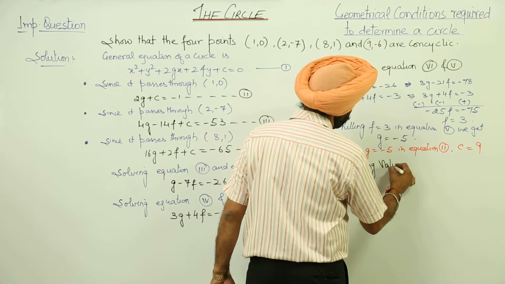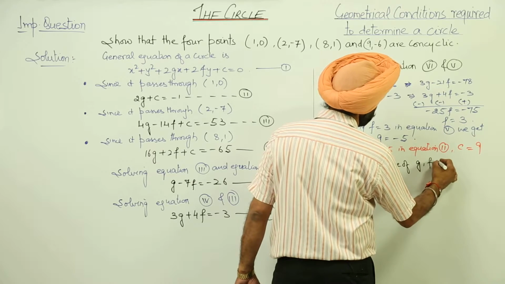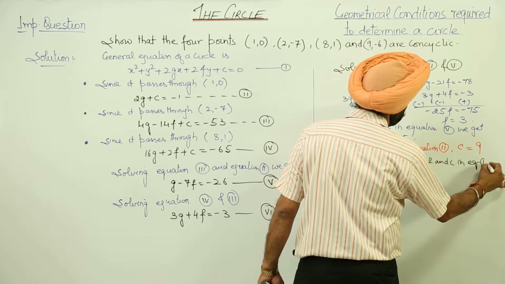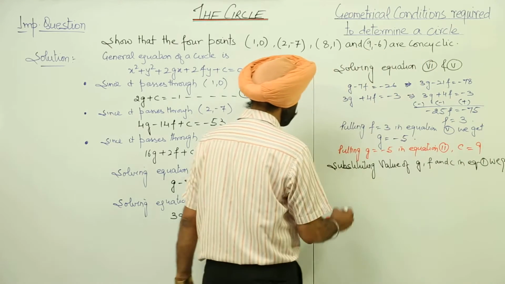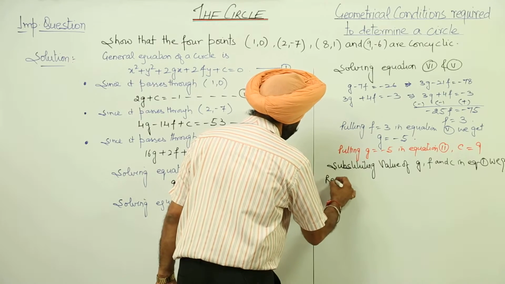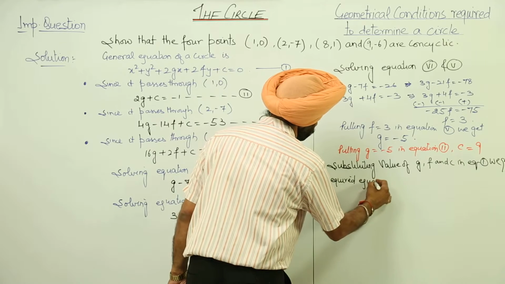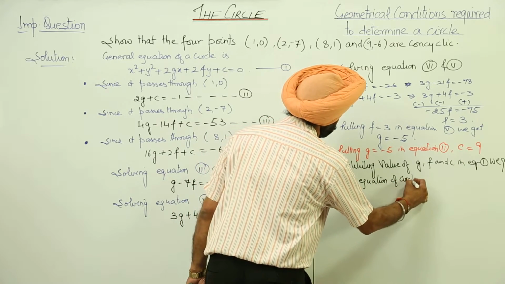Now, substituting the values of g, f and c in equation 1, we get the required equation of circle.